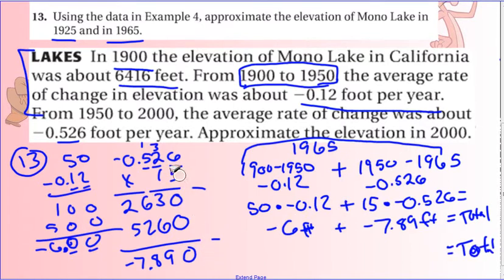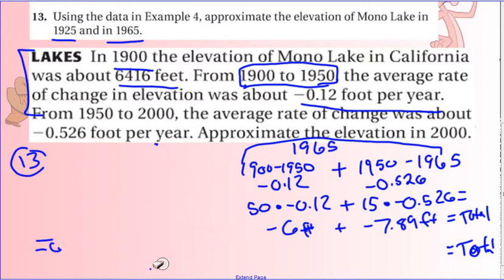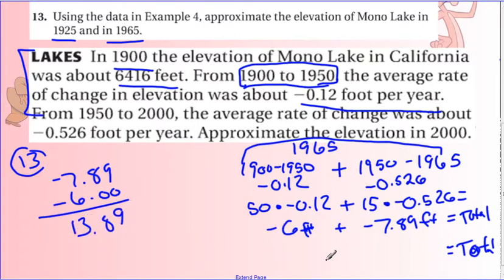So we got negative 6 and negative 7.89. I did not line up my decimals properly. The signs are the same, so we're adding. So the total change in that 65-year period was negative 13.89 feet.